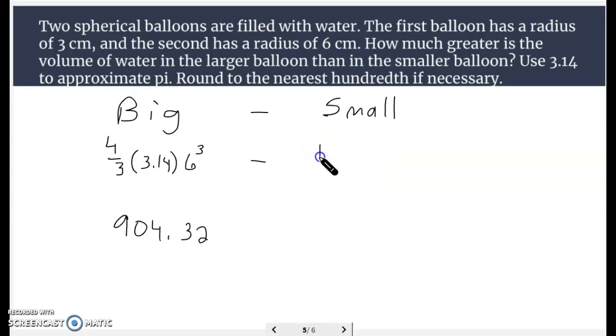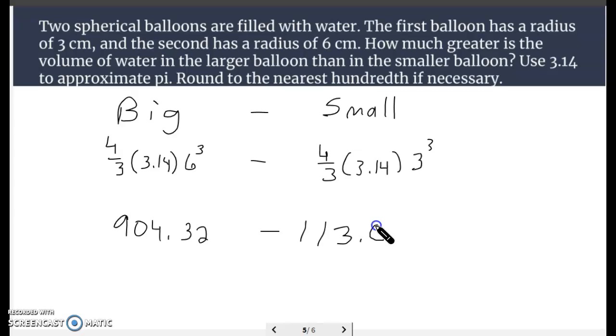And then the smaller one, 4/3 times 3.14 times 3 to the third. So in the calculator, once again, 4 divided by 3 times 3.14 times 3 times 3 times 3 comes out to 113.04, similar to our previous problem on the other screen.